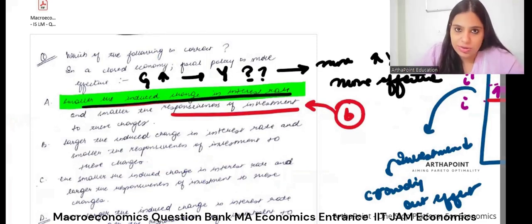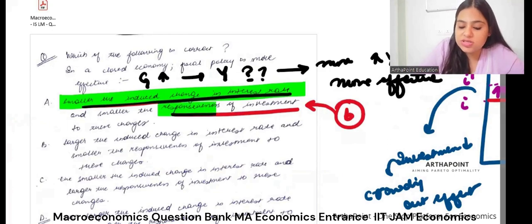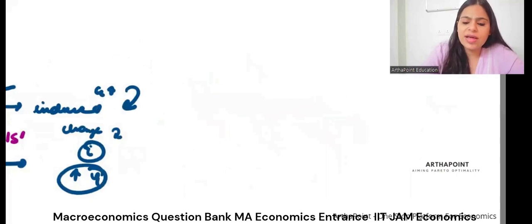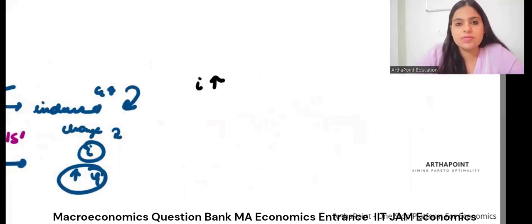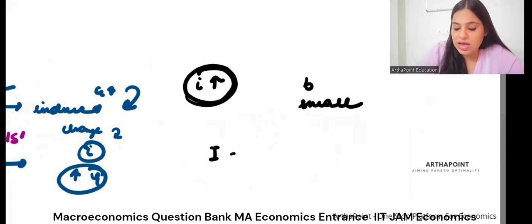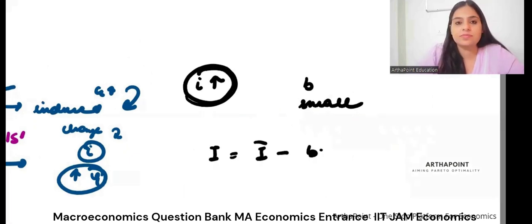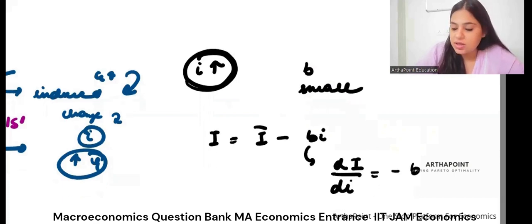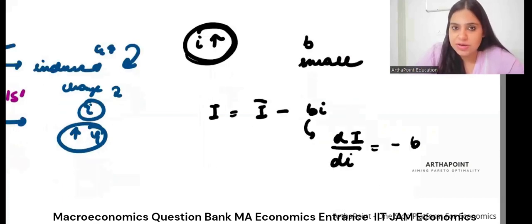Now think about the second thing. The second thing is the responsiveness of investment to these changes. Suppose I tell you that interest rate has increased, but I tell you that b is small. So what is I? I is I bar minus b i, isn't it? So this b tells me how investment will change when interest rate changes. It is minus b. This is the slope of this investment curve.